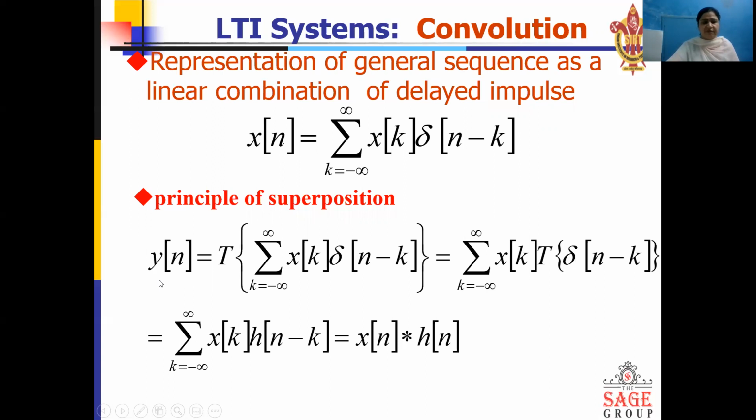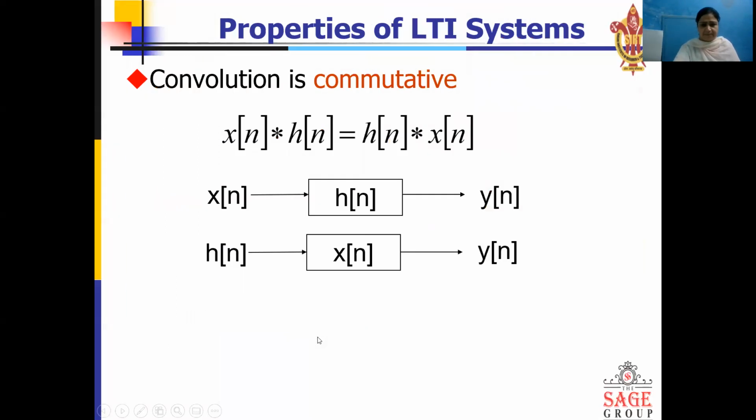So the final expression for y n, the output, will be summation k equal to minus infinity to infinity x k h n minus k, which is according to the convolution expression: the output is always given by the convolution of x n and the unit impulse response h n. Finally, we get the formula for the convolution, x n convolved with h n, which is given by summation k equal to minus infinity to infinity x k into h n minus k.